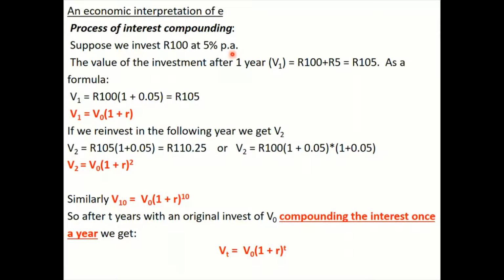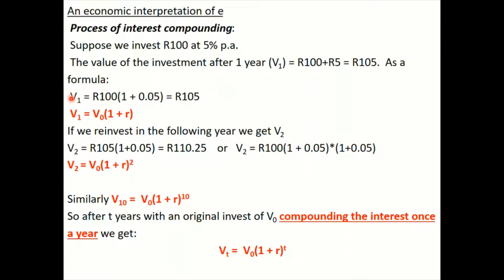The value of the investment after 1 year is going to be 100 Rand plus 5% of 100 Rand, which is 5 Rand, and we get a value of 105 Rand.